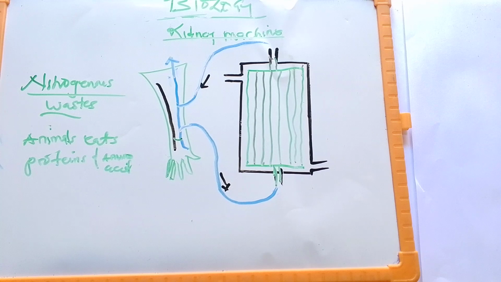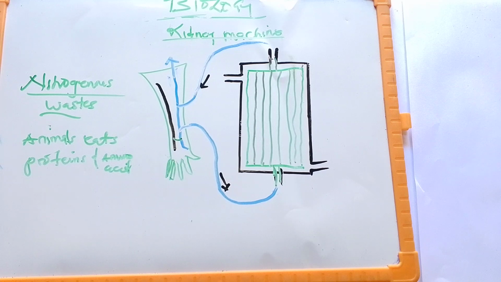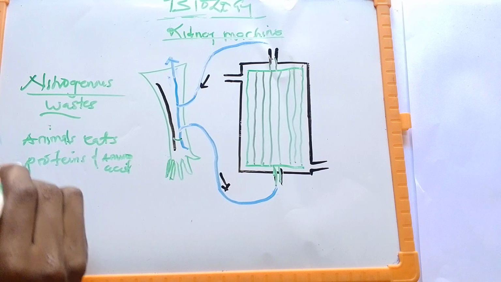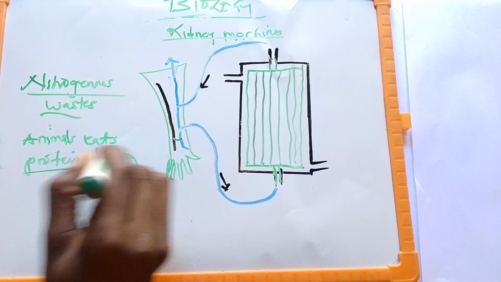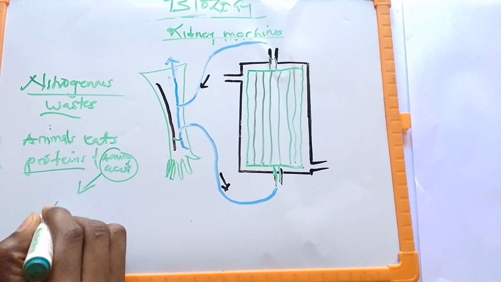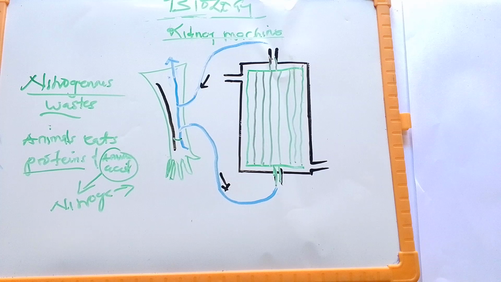Now, for example, if there are too many proteins or amino acids in the food that someone is eating, this protein and this amino acid will be converted into nitrogenous waste.